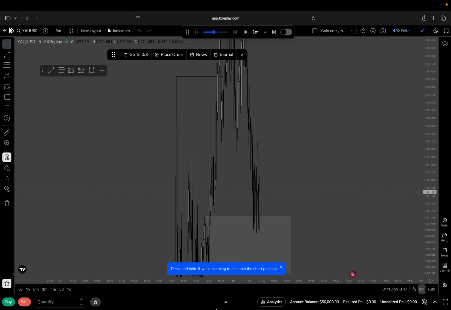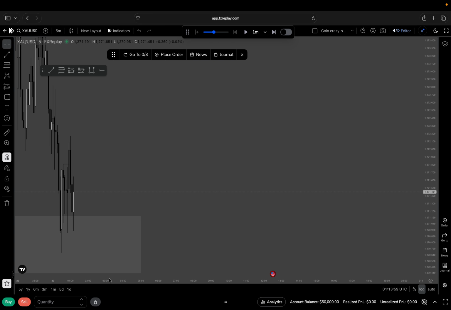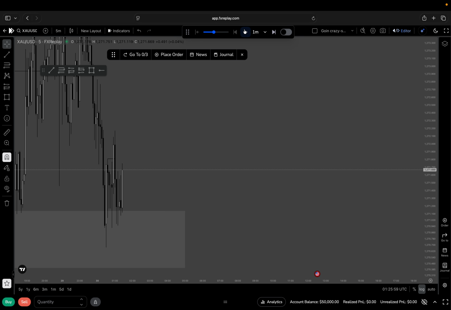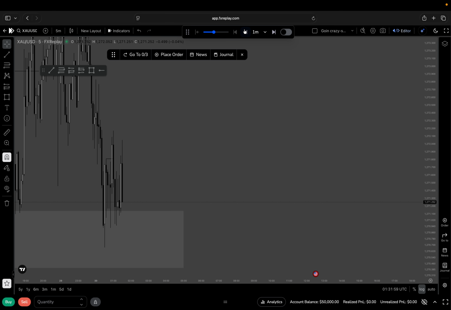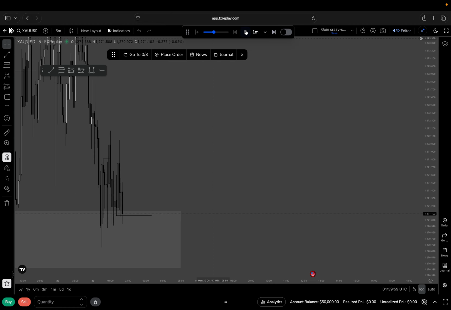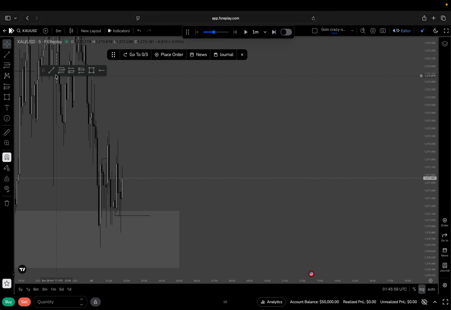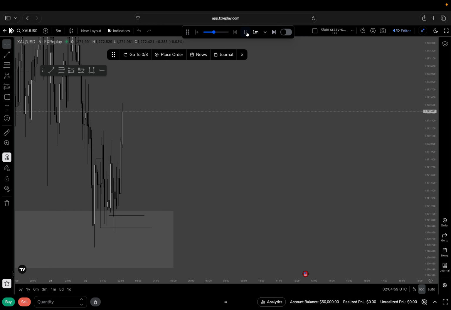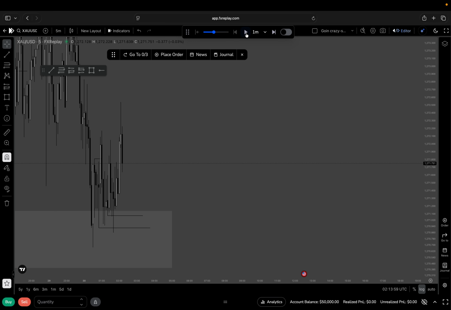Equal lows. Get a break of these lows. Oh, sorry, we get a wick of these lows. Okay, we now swept these lows here. See if we get an aggressive push up. Okay, we get that aggressive push up.